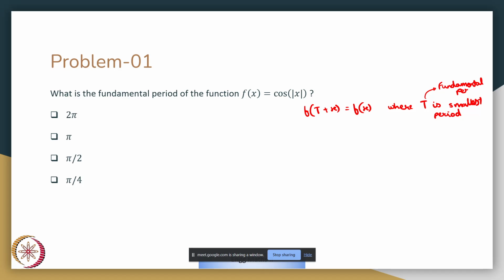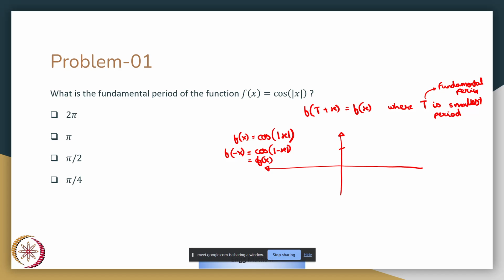For the question that is given here, f of x equal to cos of mod of x. If we were supposed to plot this, f of minus x is nothing but cos of mod of minus x, which is again cos of mod of x. So this is nothing but f of x.